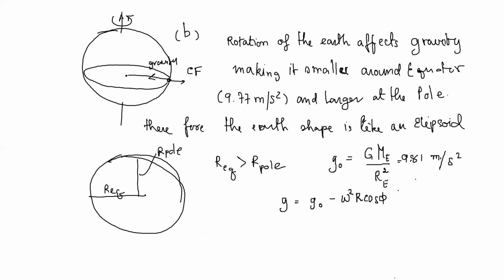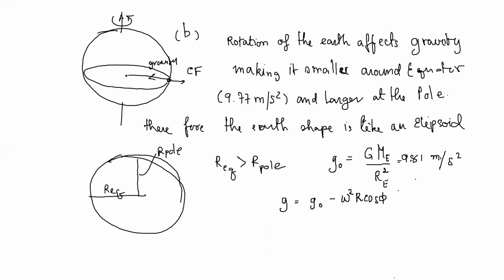However, if you are right at the axis of rotation of the Earth, which is the North Pole or the South Pole, the gravity there is without any effect of centrifugal acceleration. So the gravity at the pole is 9.81 meters per second squared. So this rotation affects the gravity on Earth.